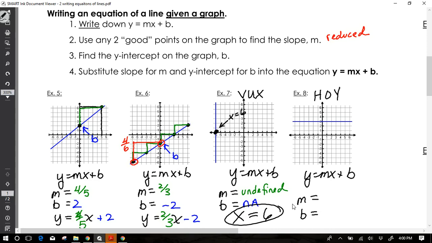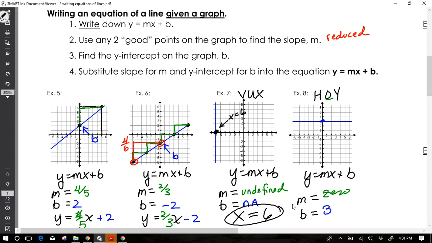How does example 8 work? Well, this is a horizontal line. So I know because of this that my slope is 0. And then my y-intercept is right here at 3. And this line does not cross the x-axis at all. So when I write the equation, it's not going to have an x in it.